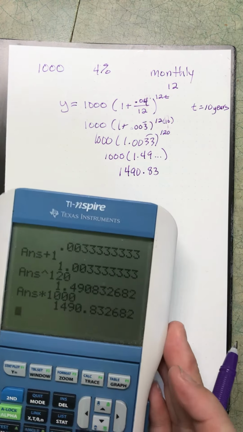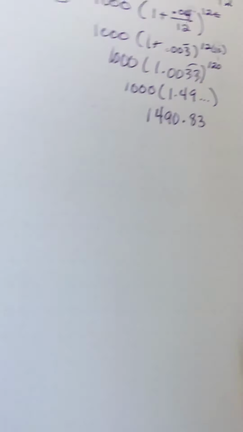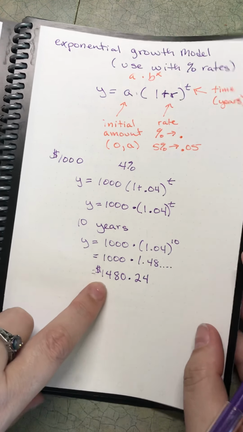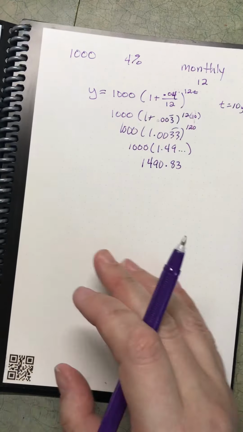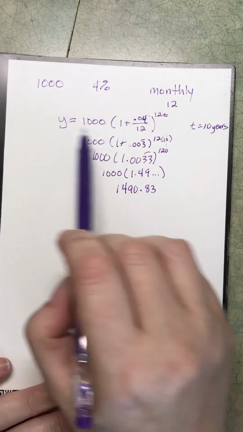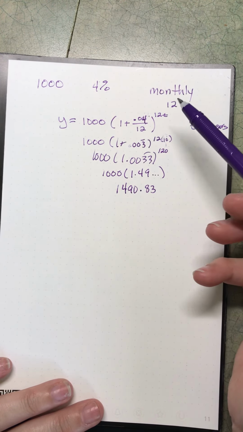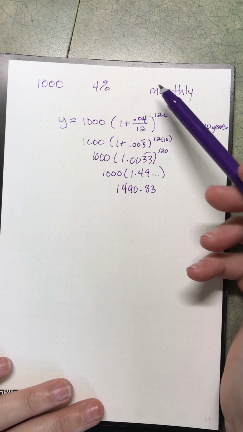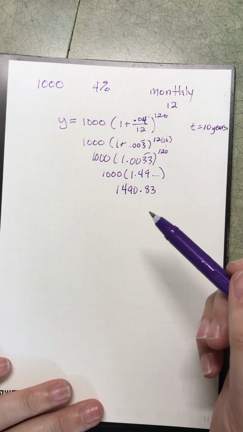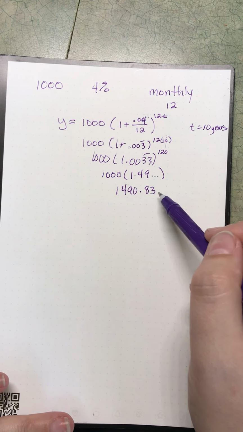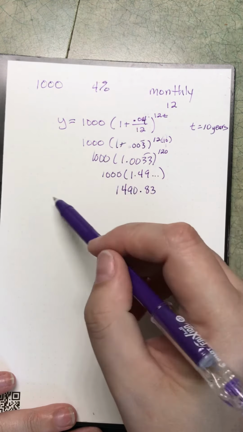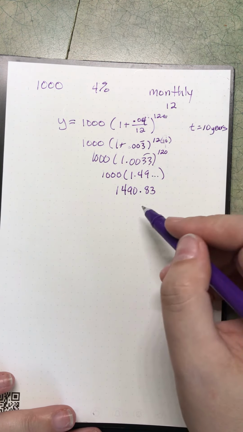All right, and I think before we said $1,480. So everything else is the same, but just by changing from compounding once a year to 12 times a year, I got an extra little over $10. That's pretty nice. And you could probably imagine that if I started with a bigger amount, or if this was bigger, it would make an even bigger difference over the course of time.